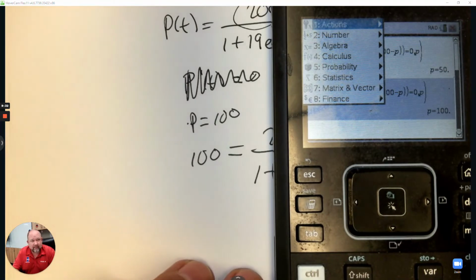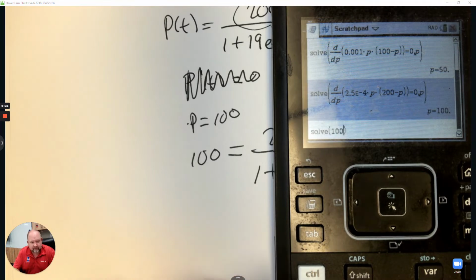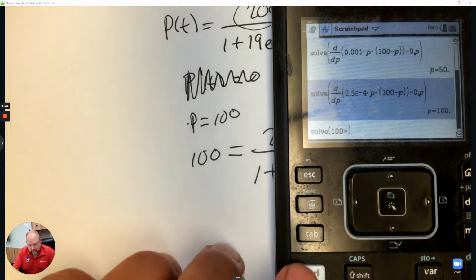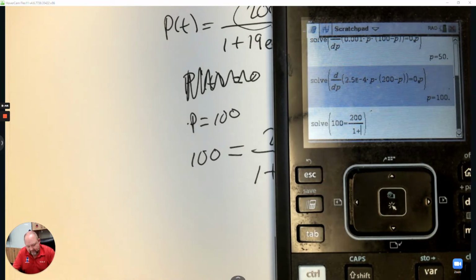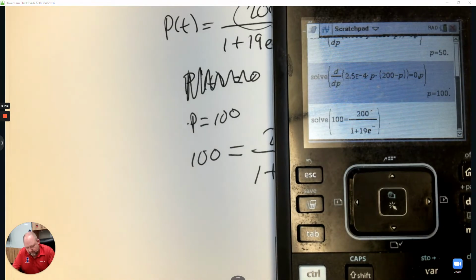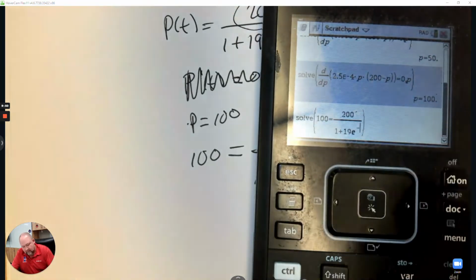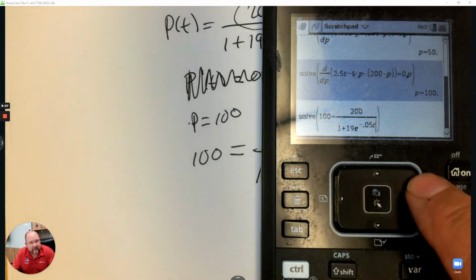So menu, algebra, solve. So 100 equals, control divide for that, 200 over 1 plus 19e to the exponent negative 0.05t, comma t.